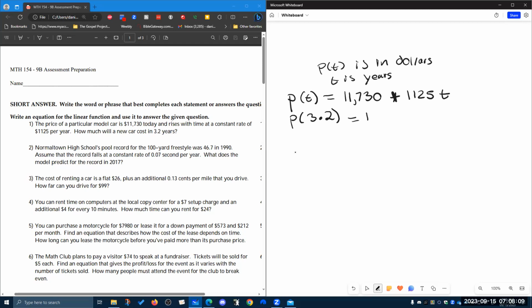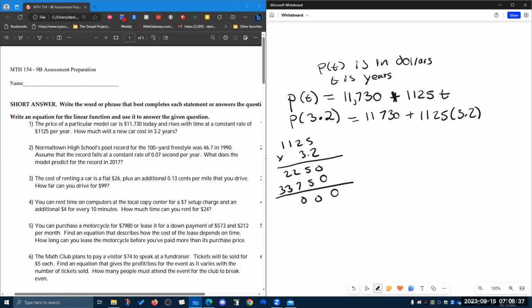It's going to be 11,730 plus 1125 times 3.2. 1125 times 3.2 is 3,600.